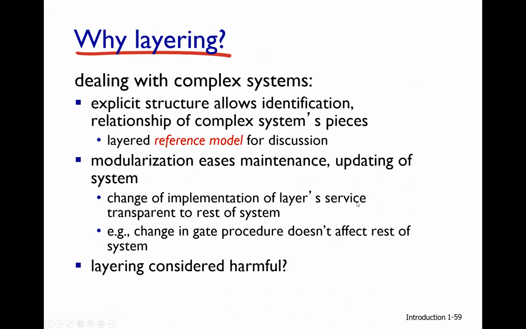Well, we're dealing with a complex system. So we want to have this explicit structure that allows us to identify the relationship of the different components. This is the first reason for why we have a reference model for this layer structure.